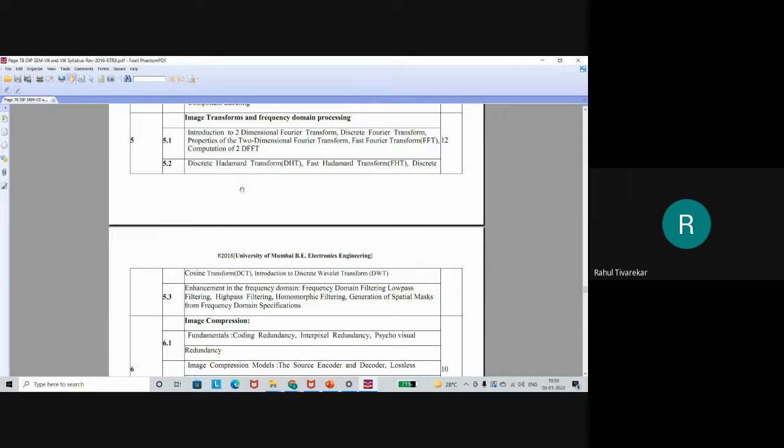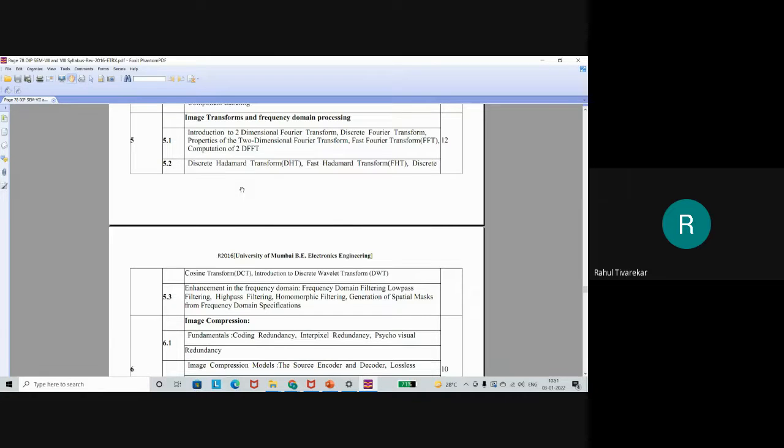So instead, if we convert that image to the frequency domain from the spatial domain, we will get more advantages, as we saw in the time domain and frequency domain also, that the frequency domain will be easy to deal with. The convolution is easy in a frequency domain, and so many things we have seen in the earlier syllabus.